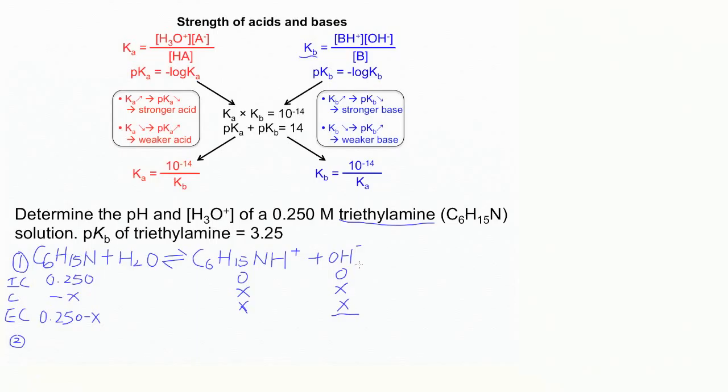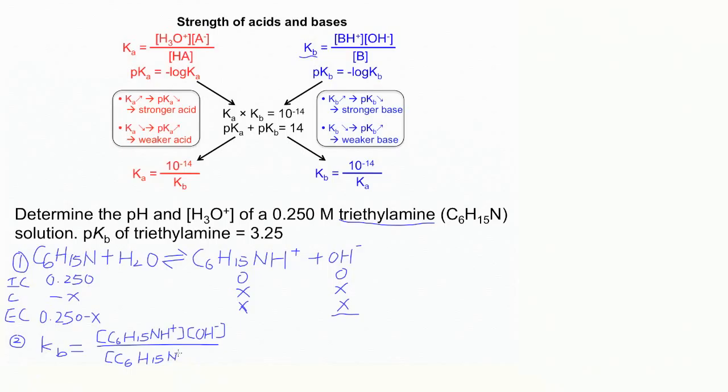Now, the second step is, in order to find out the value of x, which is the concentration of the hydroxide, you have to express the Kb. So that equals the concentration of the conjugate acid times the concentration of hydroxide over the concentration of the conjugate base, the weak base, triethylamine.